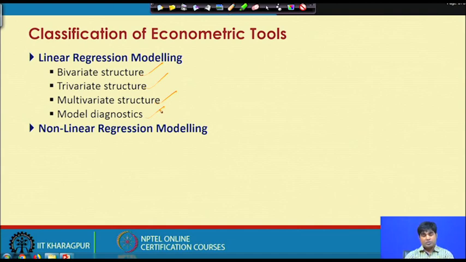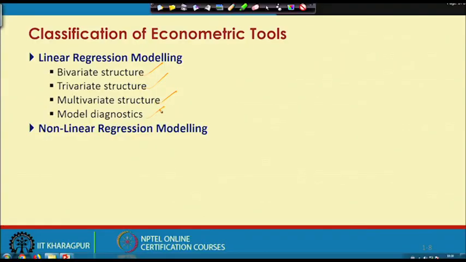So, the first-hand requirement of econometrics starts with linear regression modeling, where we will discuss different aspects of linear regression modeling to address engineering problems as per the particular requirement.